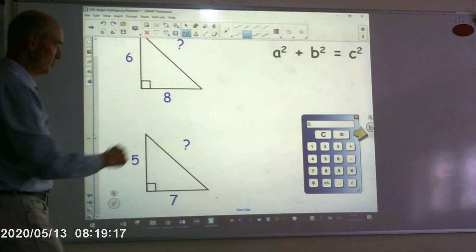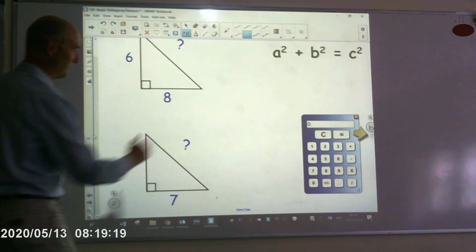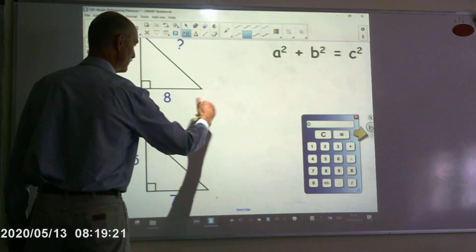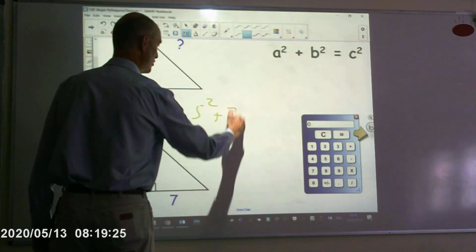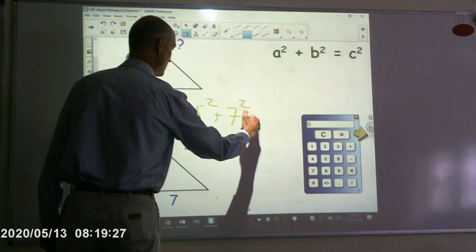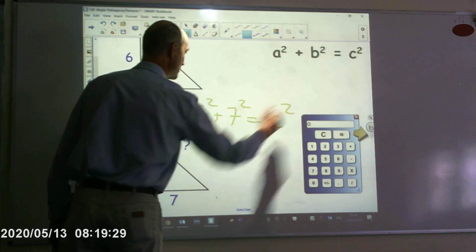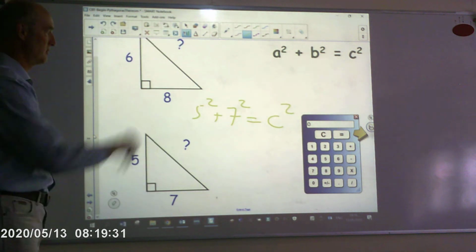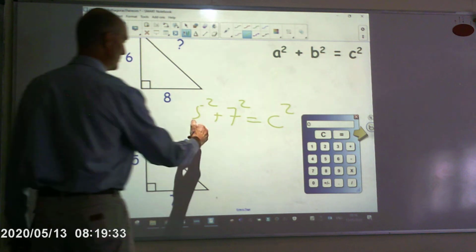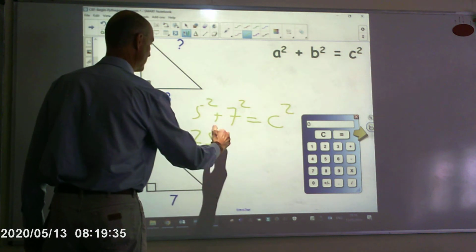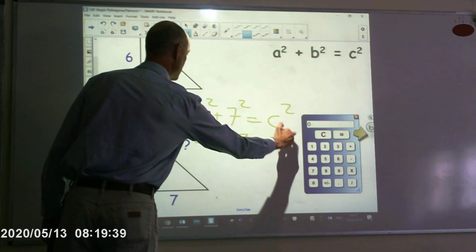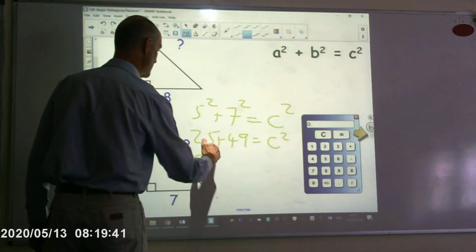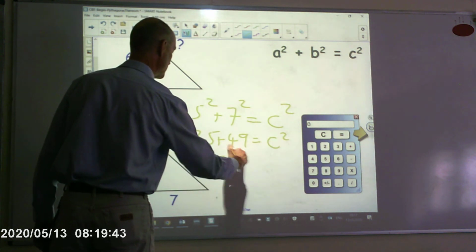So one short side is 5, so 5 squared plus the other short side squared equals my long side squared. I don't know my long side, I'm trying to find it out. So I've got 25 plus 49 equals c squared. So c squared equals 74.